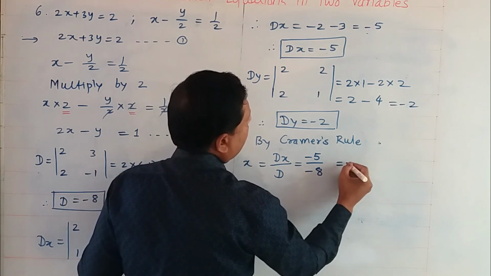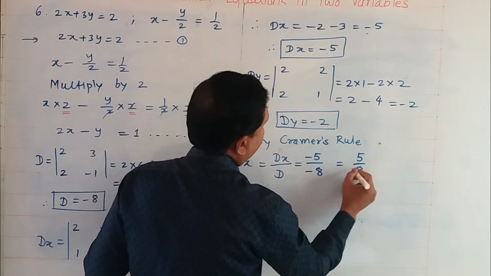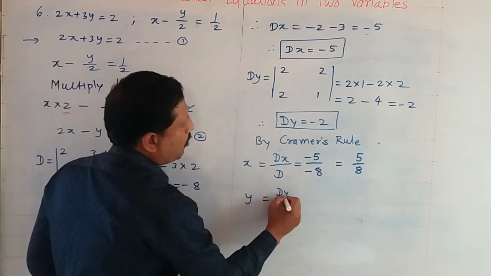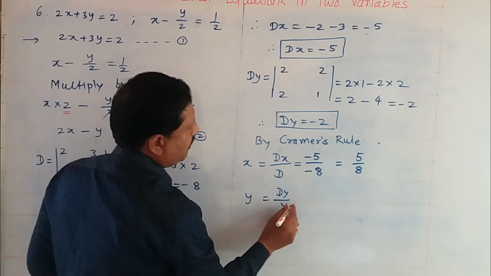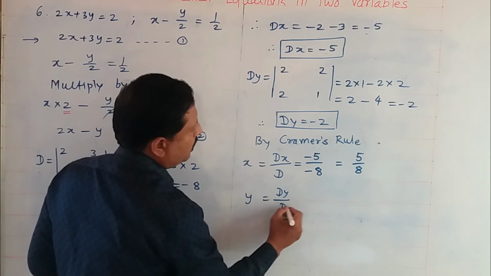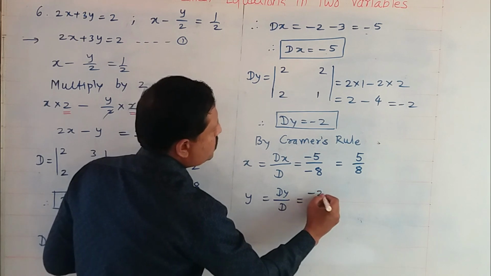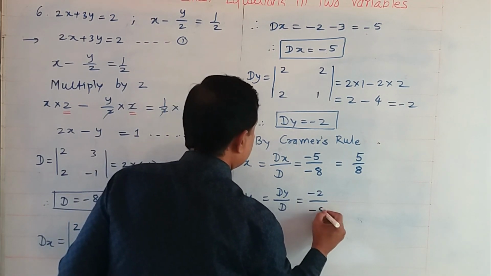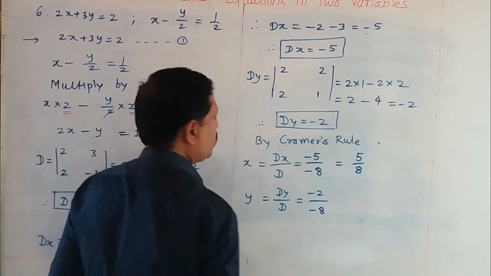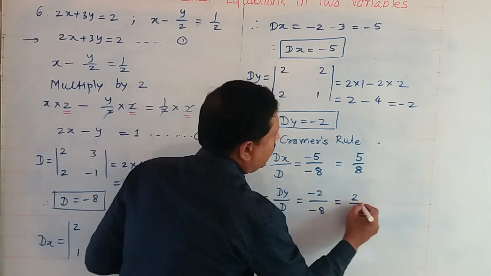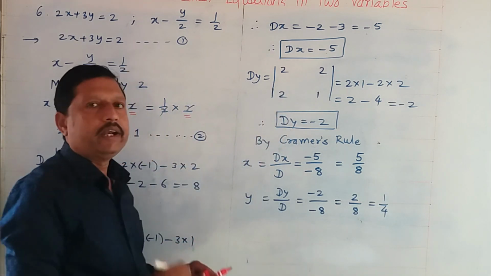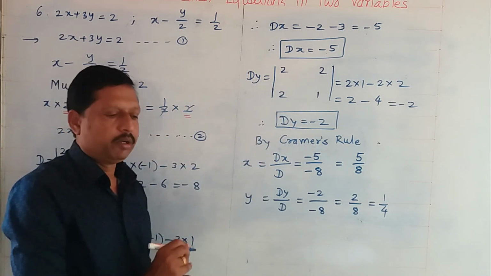So it will be 5 upon 8, negatives get cancelled, and y is equal to dy upon d. dy upon d is equal to minus 2 upon minus 8. So it will be 2 upon 8 and that will be 1 upon 4. So these are the values of the variables.